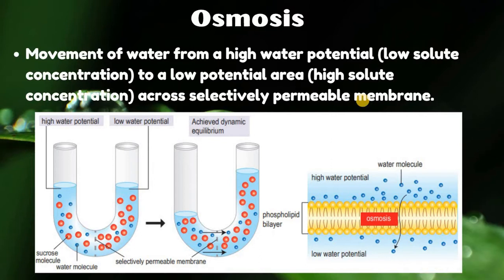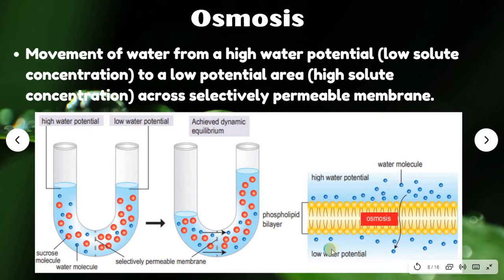That is osmosis. I repeat: what is the meaning of osmosis? The movement of water only, from high water potential to low water potential across a selectively permeable membrane. Look at this diagram. On the extracellular side there is a high water potential area.